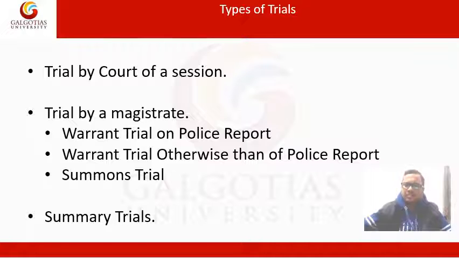In a summons trial, the court just states to the accused what allegations of offense have been laid against him, and on that basis the court proceeds ahead. Summons trials are for less grave offenses, so this is a comparatively simpler procedure as opposed to a warrant trial, where the degree of offense is higher, and that is why the procedure is also comparatively strict, and there is a proper formal framing of charges.